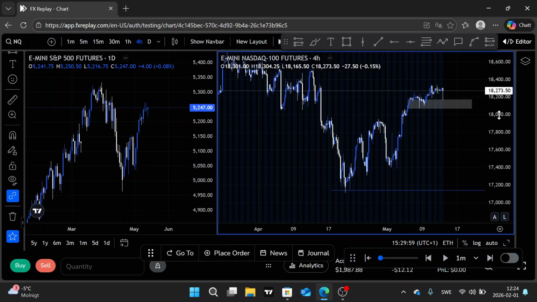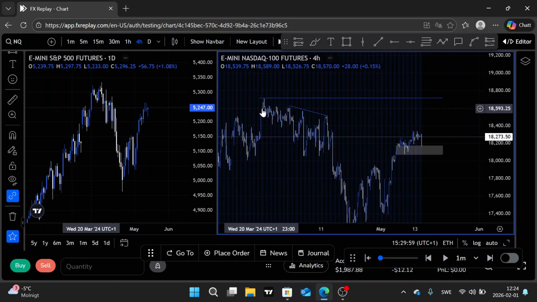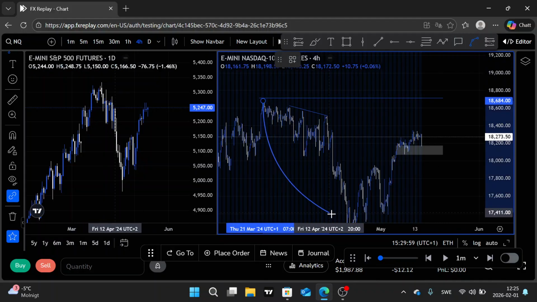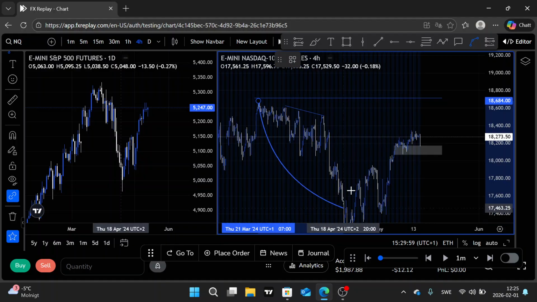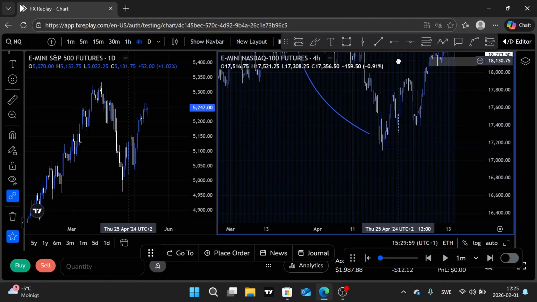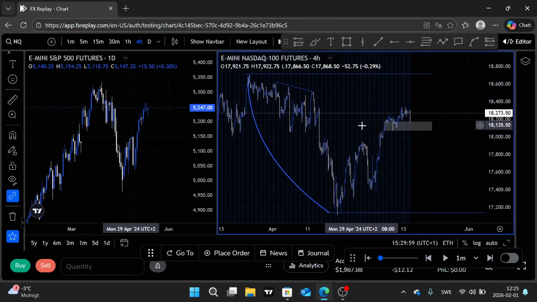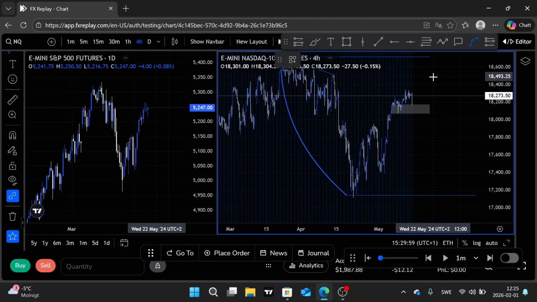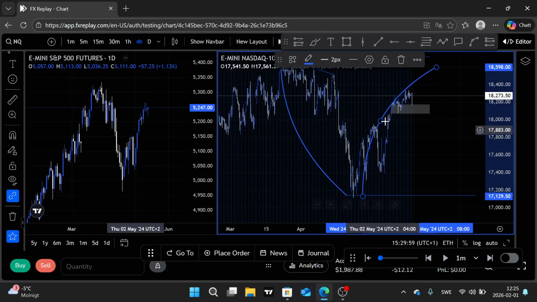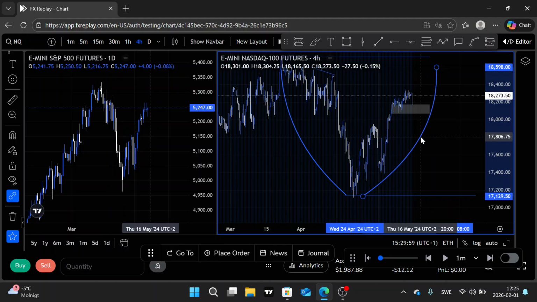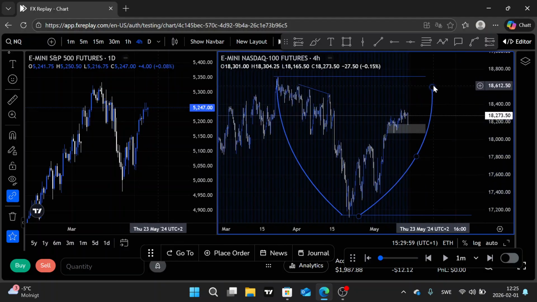right now, as you can see here, according to the market maker model, we have our sell side of the curve here, and we have our buy side of the curve here. So what is that supposed to mean?